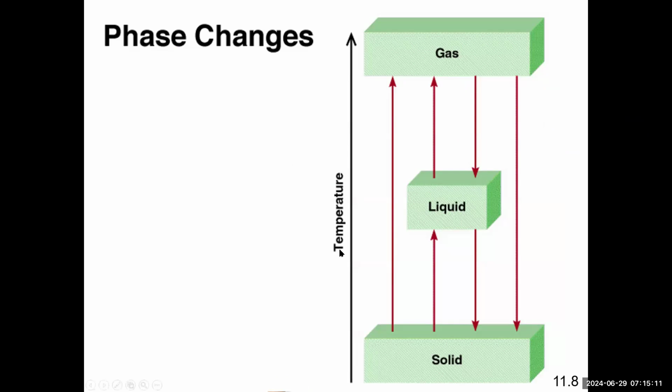Just a review. As you go from solid to liquid, what is this process called? This is delta H of fusion. Remember fusion? And what is this process, liquid to gas? Delta H of vaporization. And what is gas to liquid?